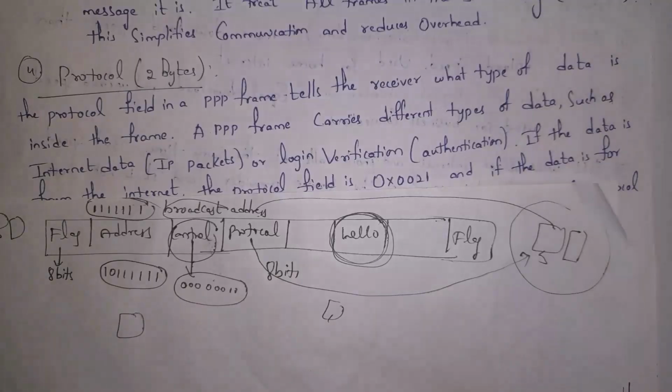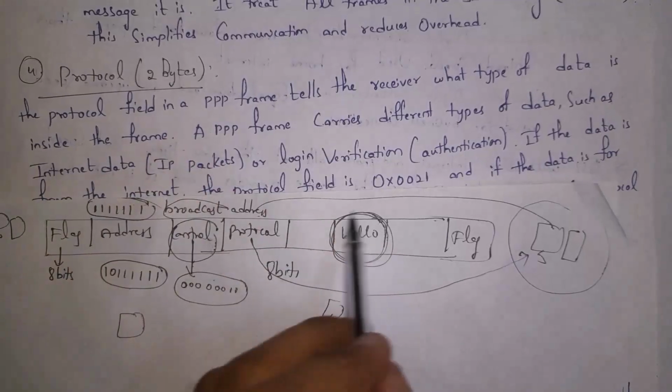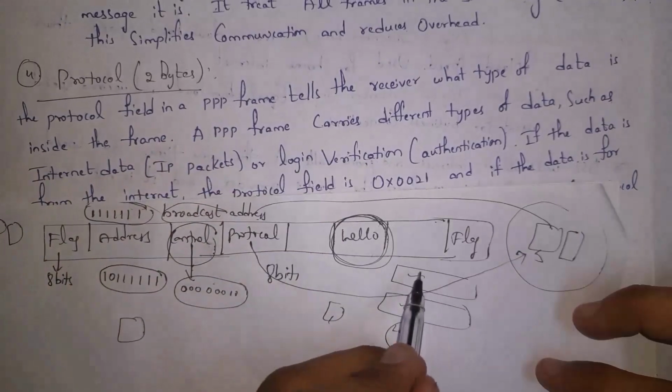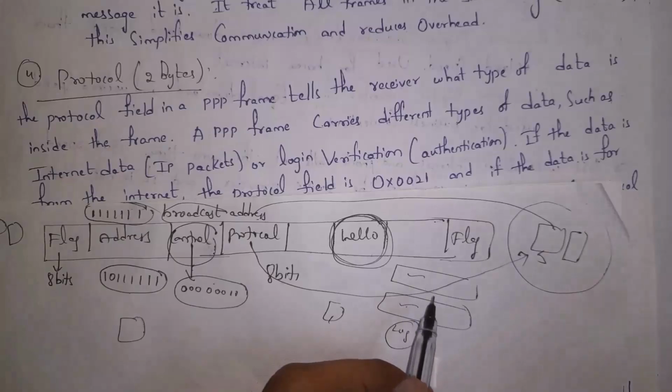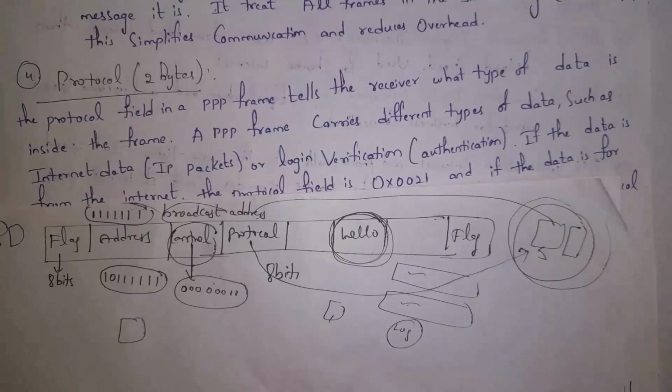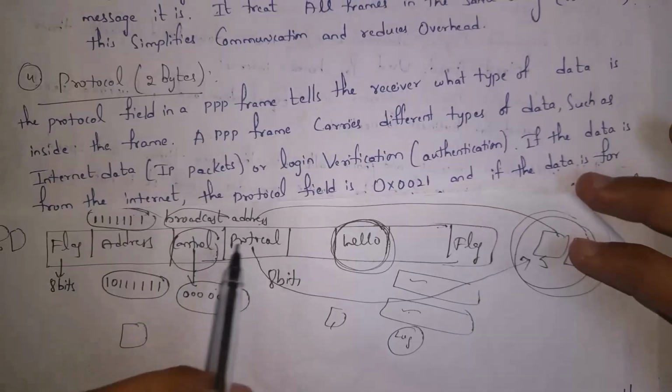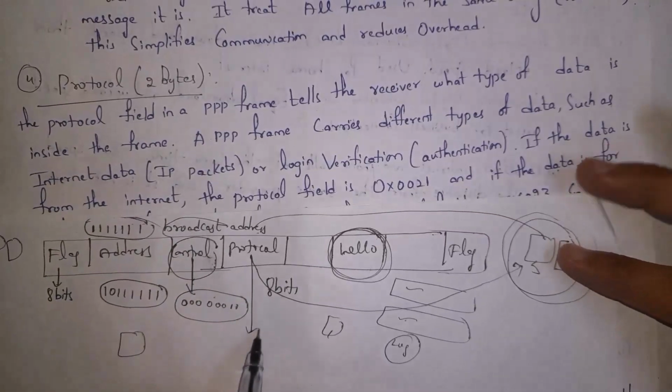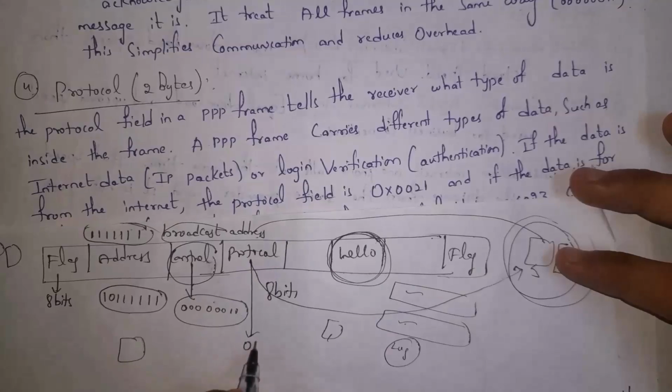So normally we will send two types of data. One is normal IP data and the next one is login verification. Whenever we enter a username and password and click on the login button, the receiver must immediately give a response on whether the user is a correct user or not. So the protocol field verifies whether the data is internet data or login data. If the data is internet data, it will include a value like 0x0021.